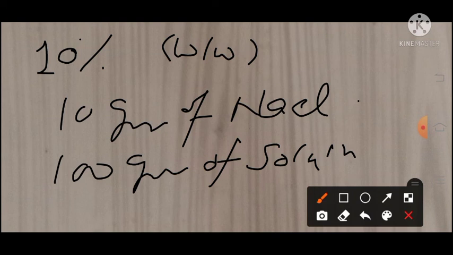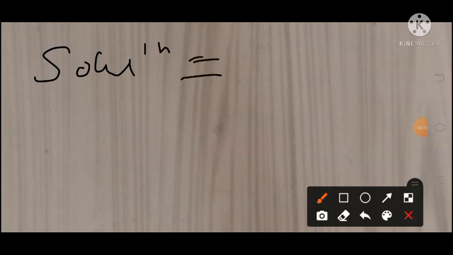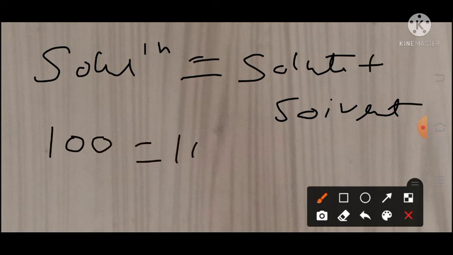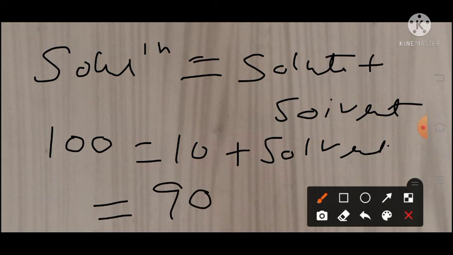Now, what is the amount of solvent? We know that solution is made up of solute plus solvent. The amount of solution equals 100, the amount of solute equals 10, so the amount of solvent equals 100 minus 10, that is 90.